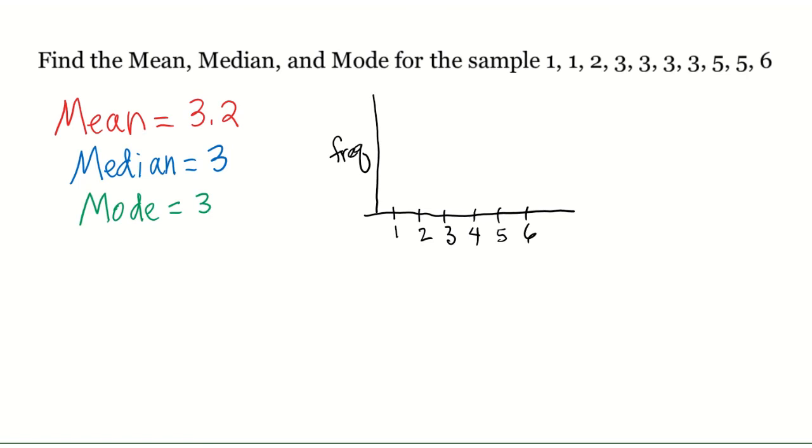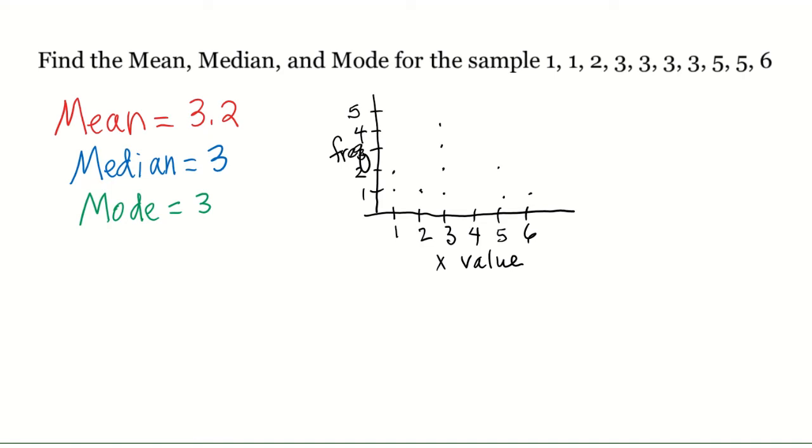So this is my x values, or the values of my data. This will be 1, 2, 3, 4, 5, and then we'll just do a dot plot to show how often each of these are showing up in my data.